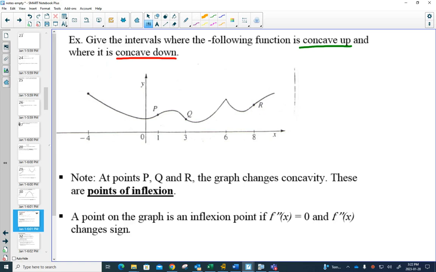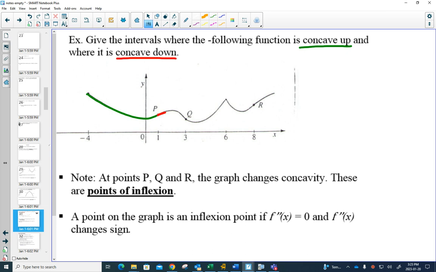So we have the points P and Q and R, and those are points where the graph changes concavity. So can you see that this part up to P is all concave up?